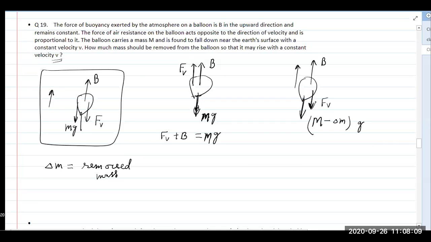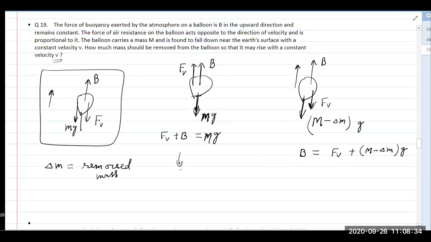So we will write the buoyancy force upward, and Fv downward plus (M minus delta m)g downward. We need to find delta m. Fv is not given in the question, so we will replace it.